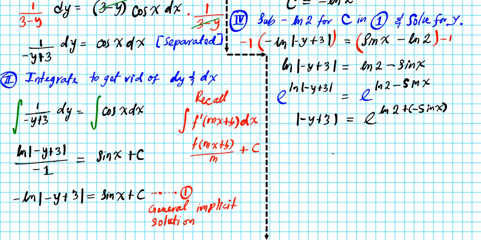Now, this absolute value quantity could be positive or negative, so you have to take a look at your initial condition. From the initial condition, we know that y of 0 is equal to 1. That basically tells us that this quantity here is going to be positive.